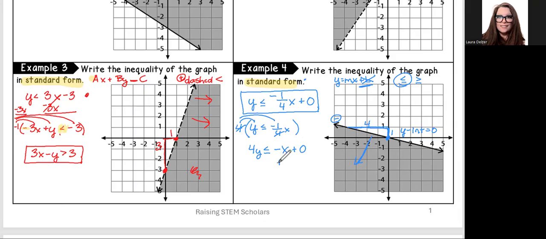We write our plus x to move it over. Thank goodness our x is positive, so we don't have to worry about any weirdness with multiplying by a negative and the sign flipping. But notice, because we moved this over, what's left over here? It's a 0. The 0 was there the whole time. And so this is how you write this inequality in standard form.